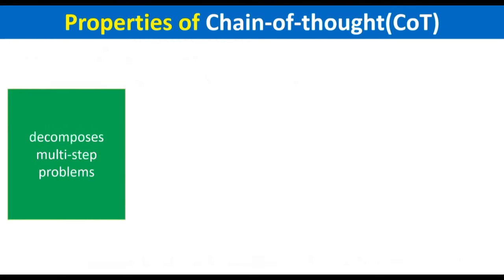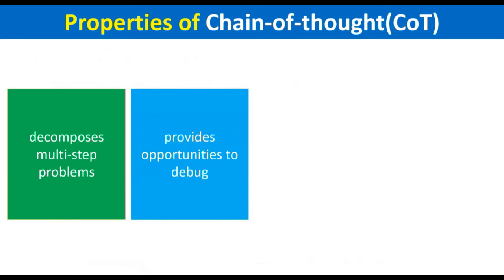Chain of thought prompting has several attractive properties as an approach for facilitating reasoning in language models. So if we have to summarize the key properties: First, chain of thought in principle allows the model to decompose multi-step problems into intermediate steps, which means that additional computation can be allocated to problems that require more reasoning steps.